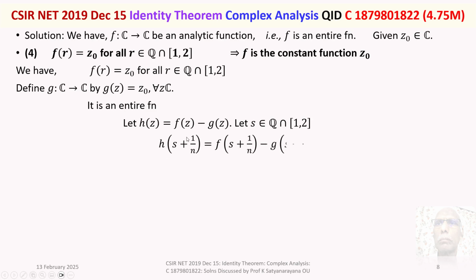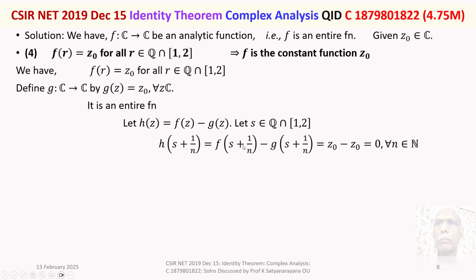So h of s plus 1 by n. Now s belongs to Q intersection the closed interval 1 comma 2, so s plus 1 by n also belongs to that. h of s plus 1 by n is equal to f of s plus 1 by n minus g of s plus 1 by n.